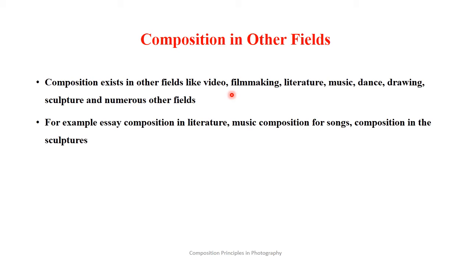I mean, different and numerous other fields, right? So, for example, we usually say essay writing or essay composition in literature, music composition for songs, composition in sculptures. So these are a few of the examples of composition. So it means that the very term composition is not only found in photography, but it is also found in numerous other fields.